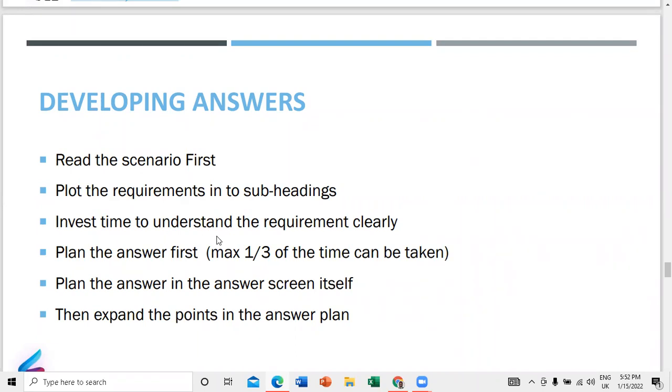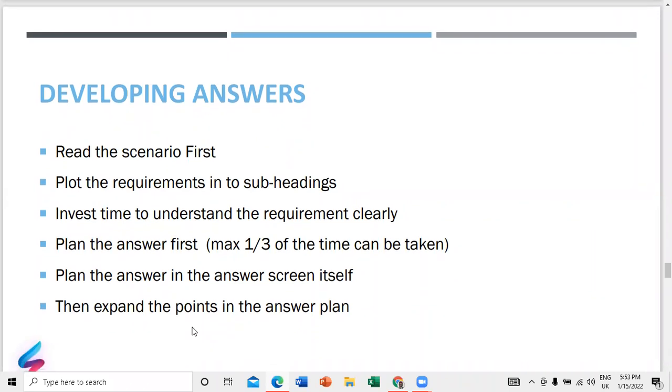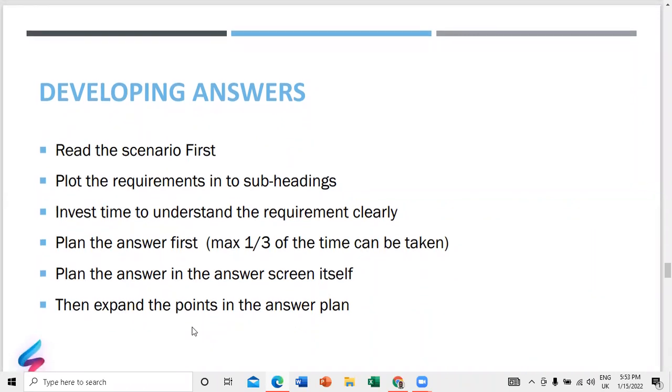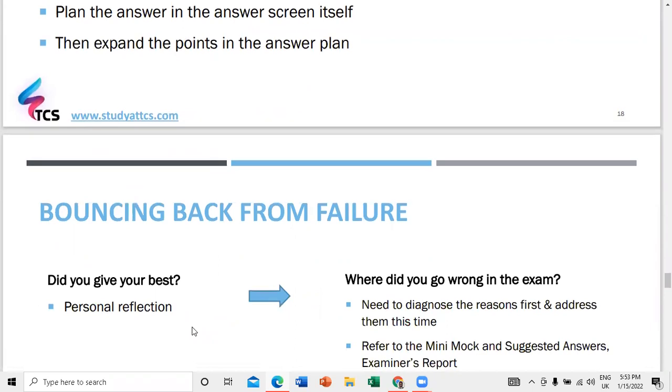I told you to read and come up with an answer plan utilizing 15 minutes of your allocated time per task. Plan the answer first. Maximum of 15 minutes of the time can be taken. Plan the answer in the answer screen itself. Don't try to come up with an answer plan on the scratch pad. Write it on the answer screen itself, then expand the points in the answer plan. So that's what you're supposed to do when you are developing your answers.